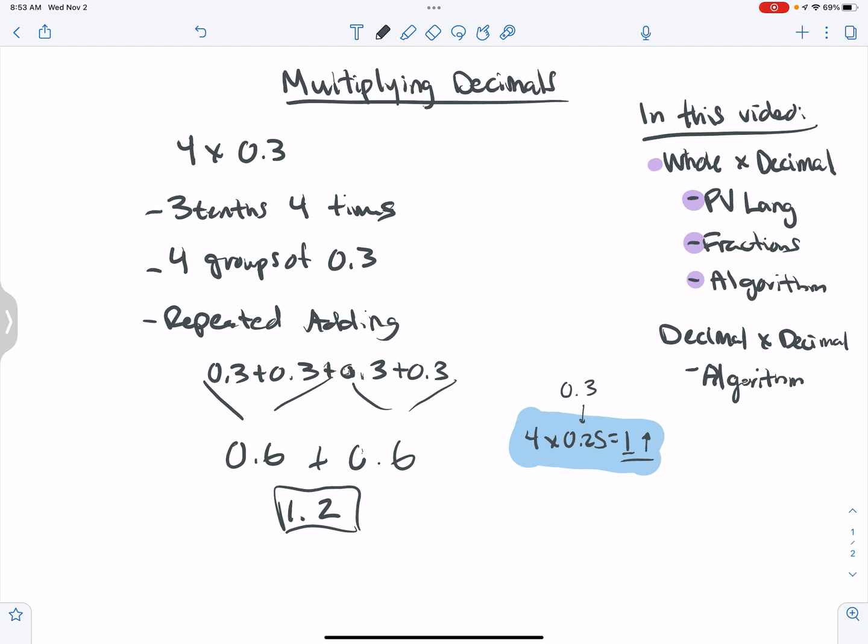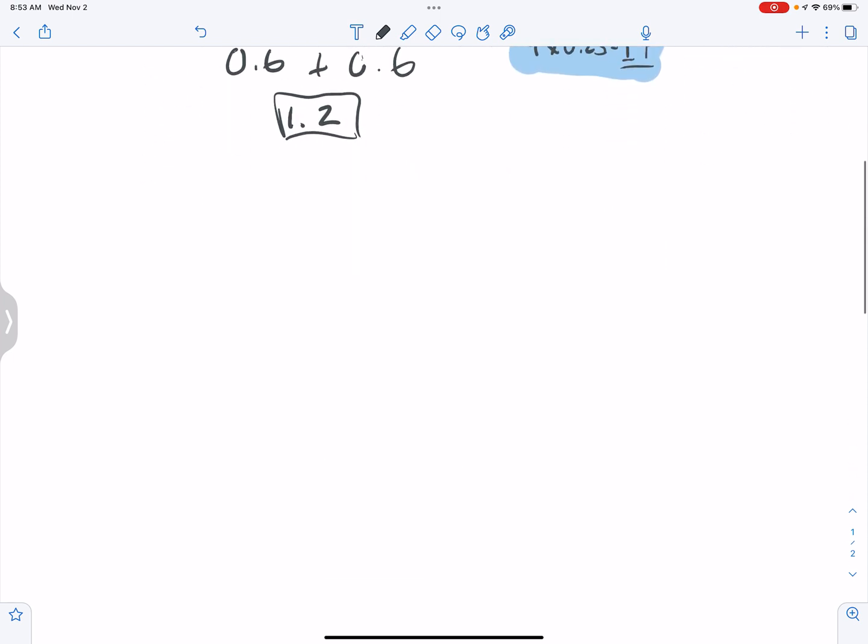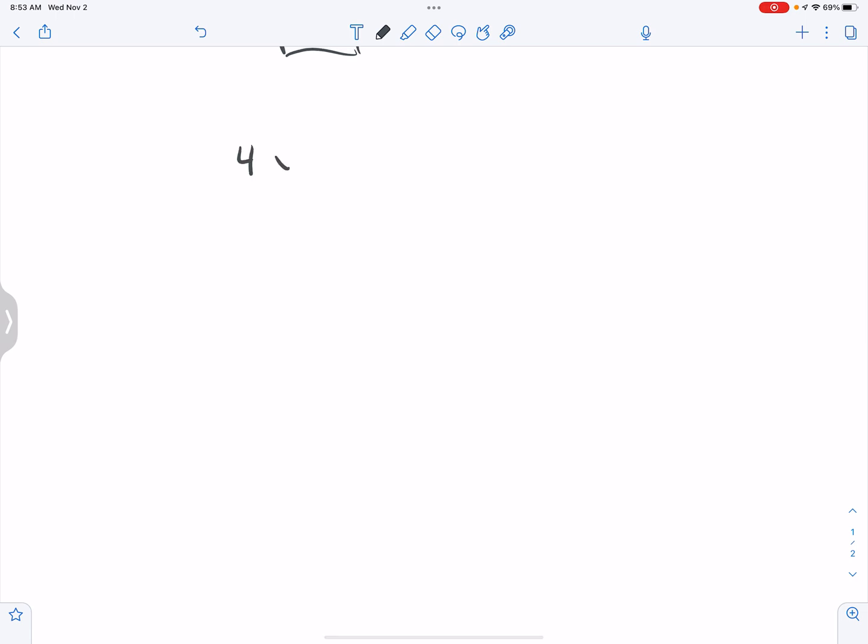So let's look at how we can use place value language to solve this one. We are solving 4 times 0.3, and this is why I've been such a huge stickler on how you read this: read that as 3/10. I think I said hundreds a moment ago.